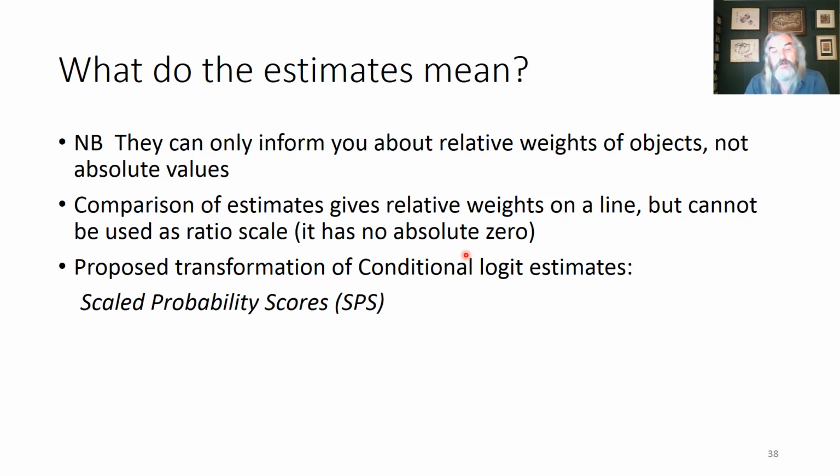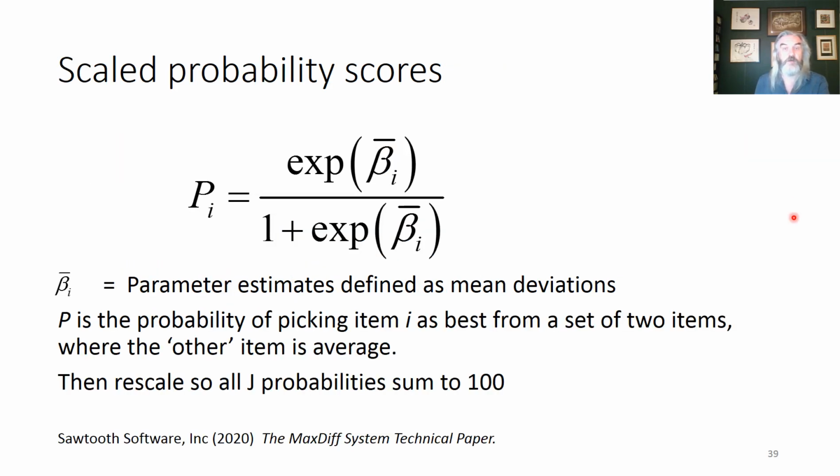This is only strictly valid for the conditional logit estimates, because there we can make some statements about what these transformations mean, because that's been estimated as a probability model, and we're going to use the fact that it's been set up as a probability model in order to create these scale probability scores. Okay.